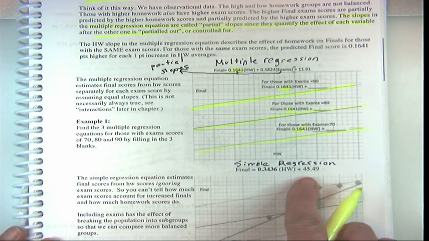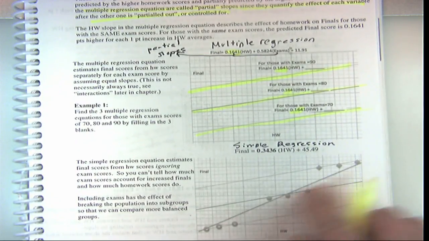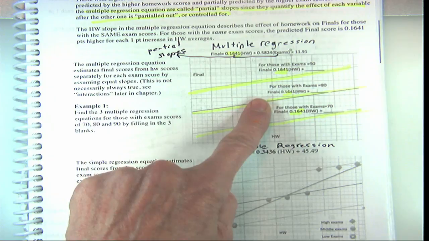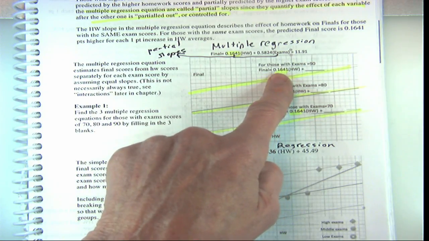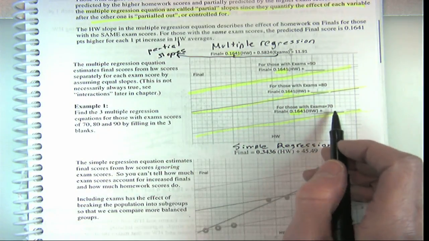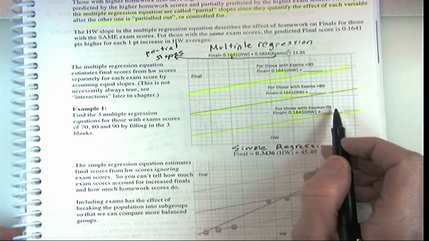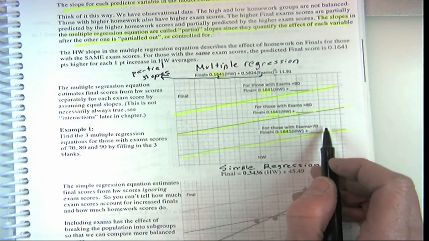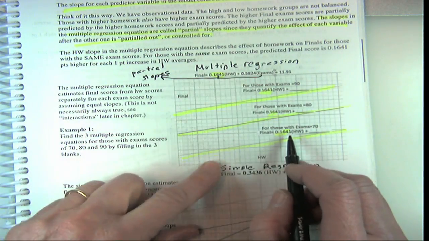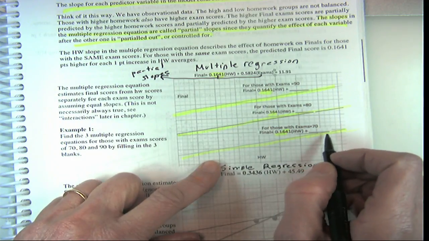Whereas this other one is different, we'll get to it next, but first let's just look at these. How do we actually get this equation for the different exam scores? For those who had a 70 on the exam, we just use this equation and put 70 in for exams. So they all have the same slope, but different intercepts.